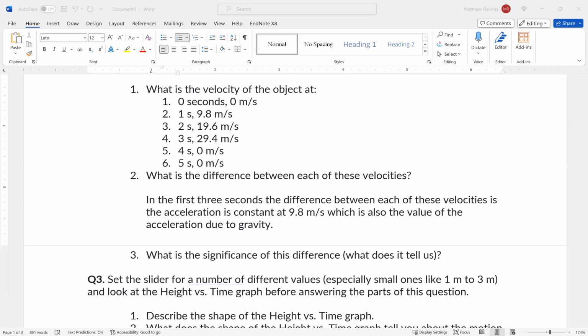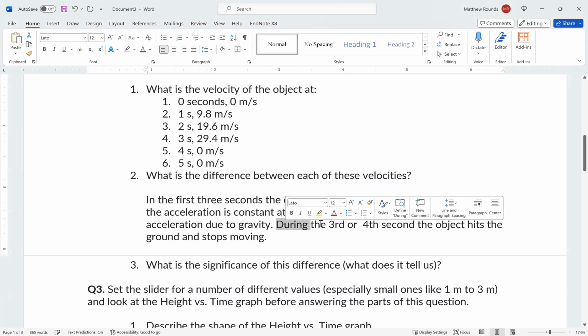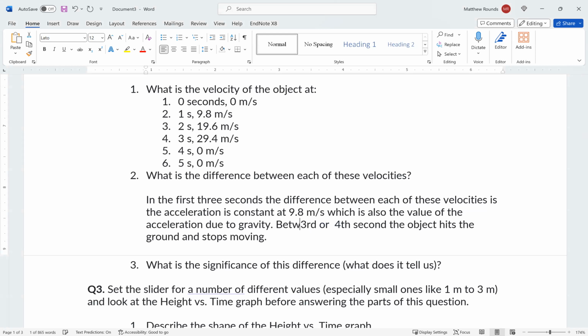Go look here. So it's between the third and the fourth second. I'll modify this. So between 3 and 4 seconds, you already have that. The object hits the ground and stops moving.